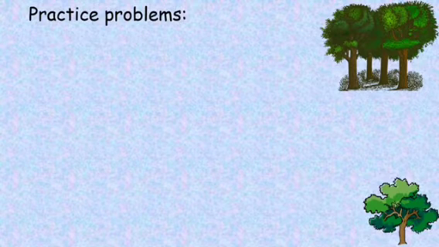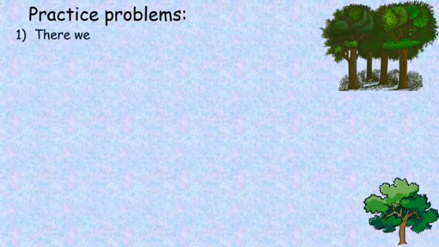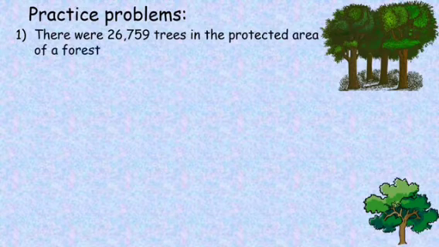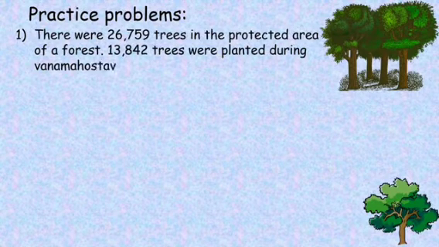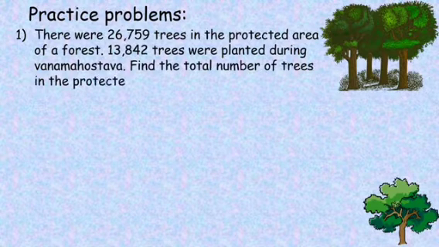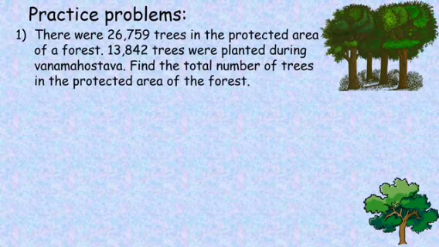To understand it better, we shall solve a few practice problems. So the first problem: there were 26,759 trees in the protected area of a forest. 13,842 trees were planted during Vana Mahotsava. Find the total number of trees in the protected area of the forest.